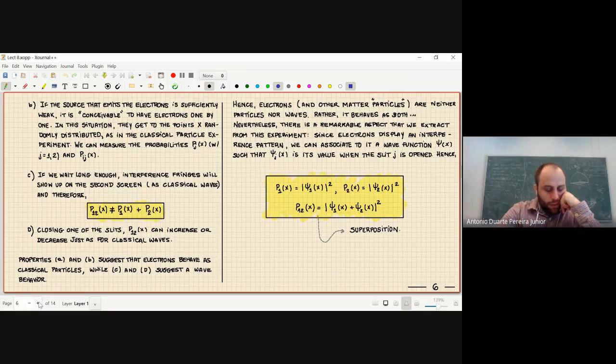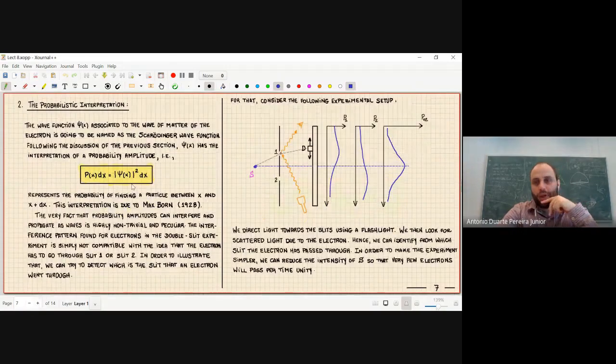And then we moved to this discussion, which you probably also watched in the video that I posted yesterday. If you decide now to detect from which slit the electron is passing through, because if you insist that electrons must behave as particles, then they have to choose if they pass through slit 1 or slit 2, because particles are localized objects, so they cannot pass through the two slits simultaneously.